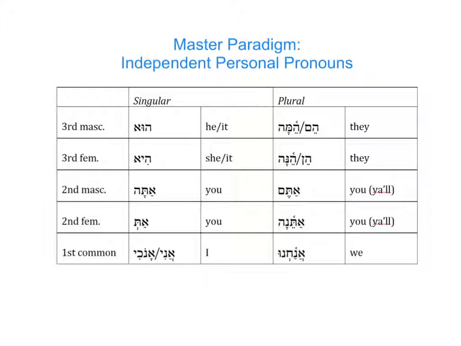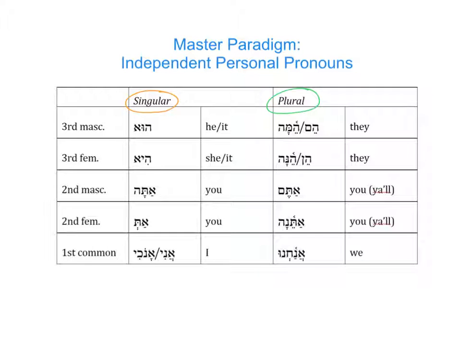Don't worry about it. That only applied to regular nouns. What we do see is we have singular and we have plural. So we said that we could inflect these for number. That means 3, 2, and 1, as well as for singular and plural. So we want to be aware of that.